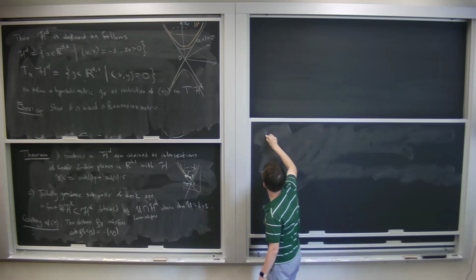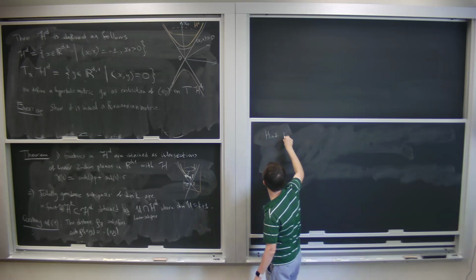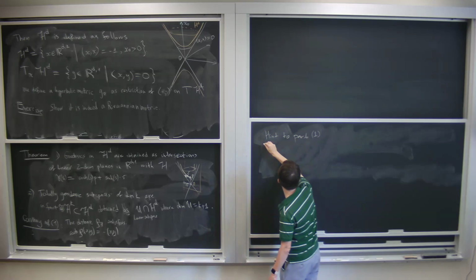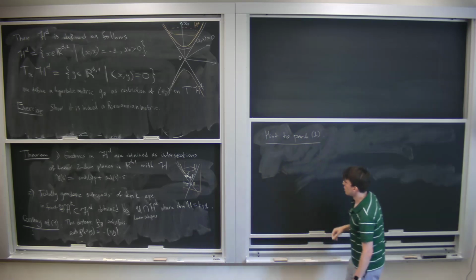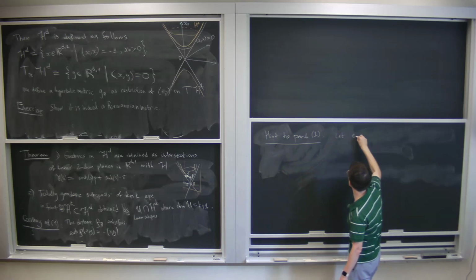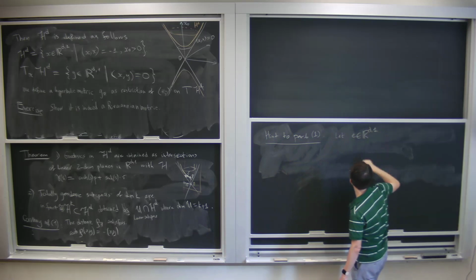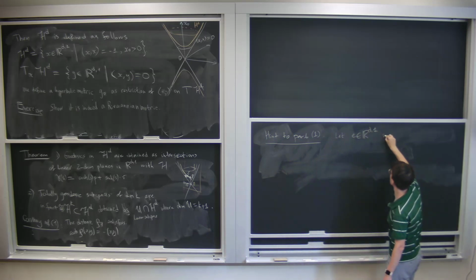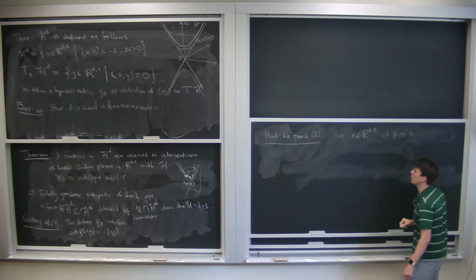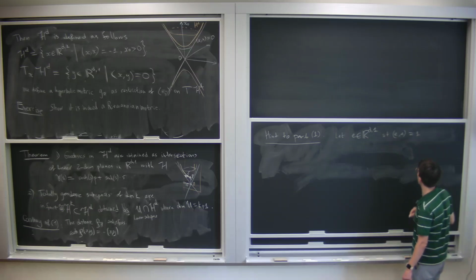So, hint to part one. Let E be any vector in R^{D,1} such that E times E is, okay, we can take it to be normalized, but what is important is positive, right?